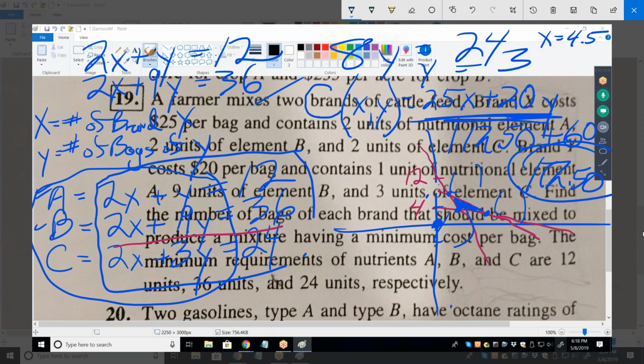I'm trying to find the number of bags of each brand that should be mixed to produce a mixture having the minimum cost per bag.